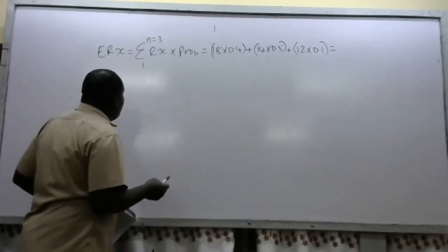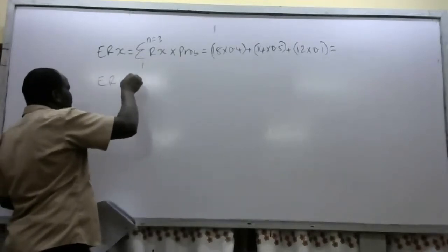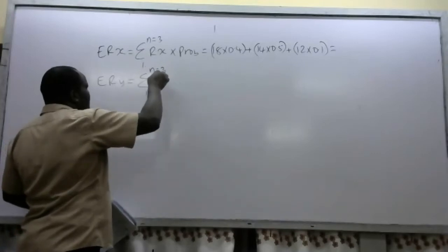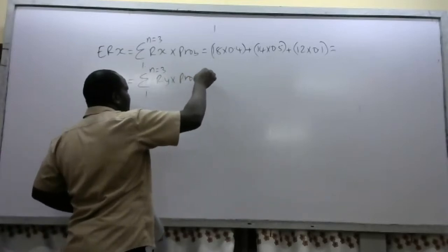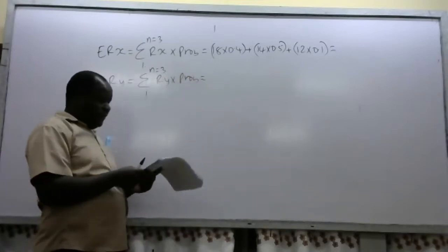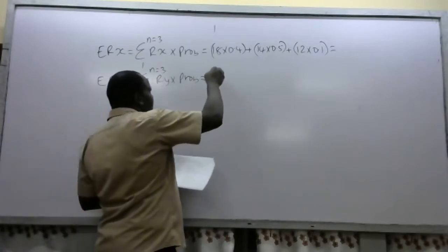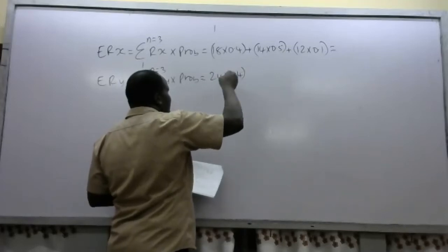Then you also compute the expected return for Y, where we also get the summation. There are 3 observations, returns for Y multiplied by the probability for each. The first return for Y is given as 24, so you take 24 by 0.4.